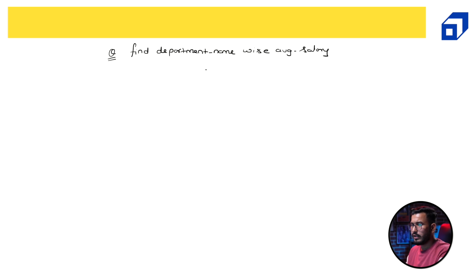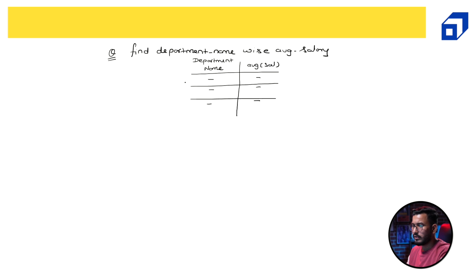Now here, how my output would look like. Since I need department name wise average salary, I'll have two fields or two columns. One of them which will be department name, followed by average of salary. And here we will have the department names and we will have the average of salary.